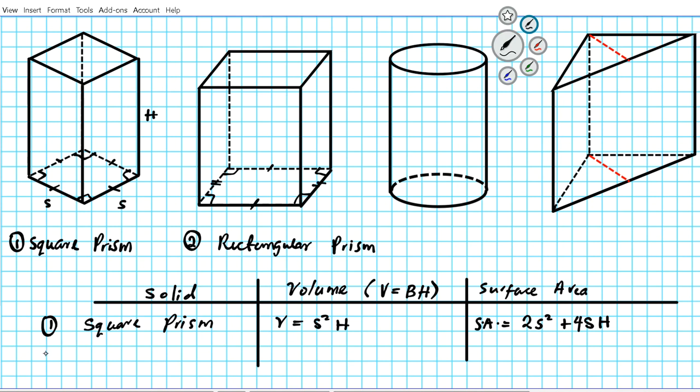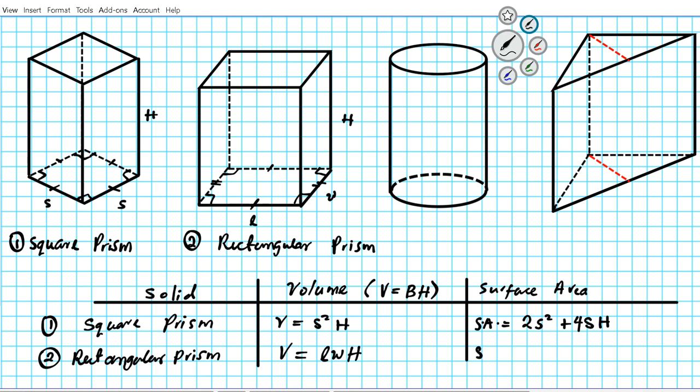Okay, so for number 2, we have a rectangular prism, so it's length times width, and then the height of the rectangular prism is big H. Okay, so for rectangular prism, the volume is going to be big B, the area of the base, times height. The area of the base is length times width, and multiplied by the height of the prism.